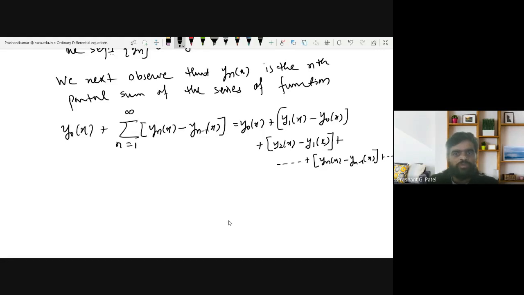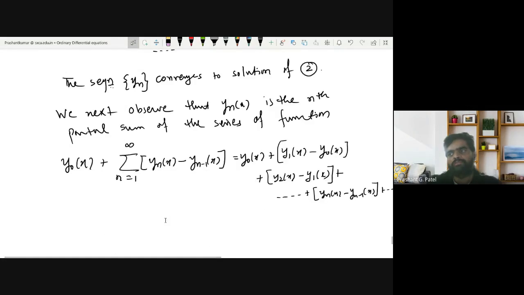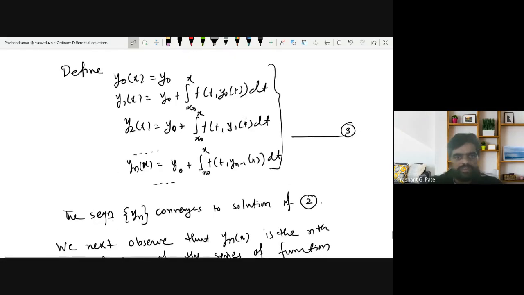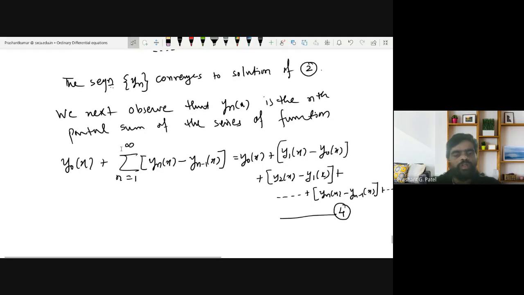So if I call this sequence of y_n equation 3, and this series equation 4, the convergence of sequence 3 is equivalent to the convergence of this series.